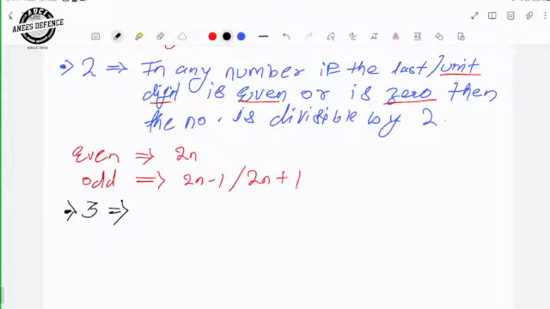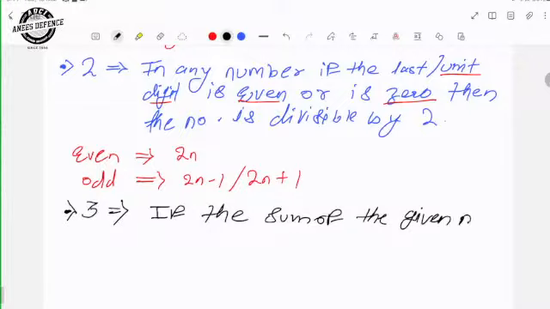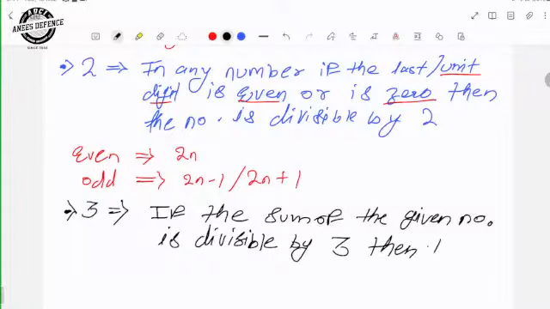If the sum of the digits of the given number is divisible by 3, then the number is divisible by 3.